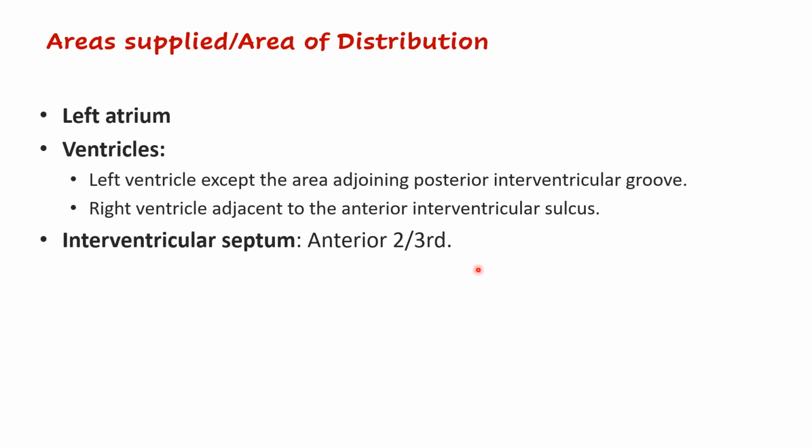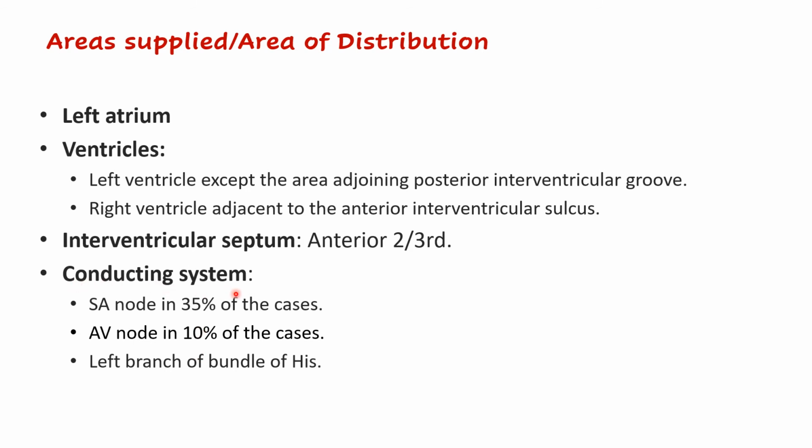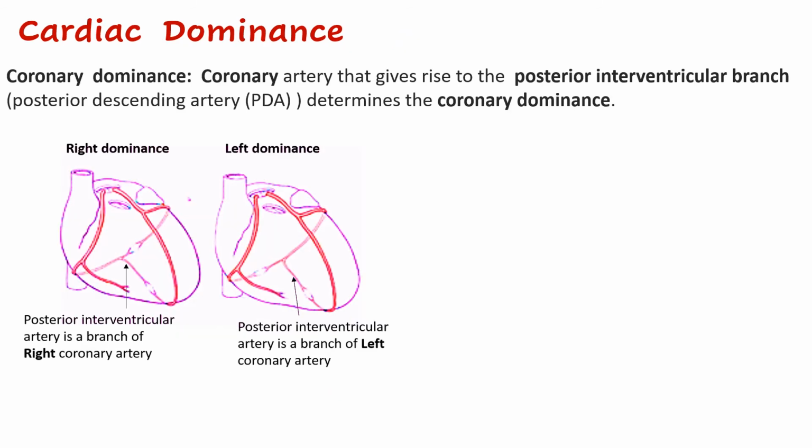The right coronary artery supplies only the posterior 1/3. So that's why most of the myocardium is supplied by the left coronary artery. Then it also supplies the conducting system, but the SA node only in 35% of cases, the AV node only in 10% of cases, and only the left branch of the bundle of His is supplied by the left coronary artery.